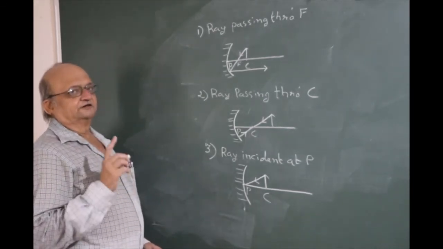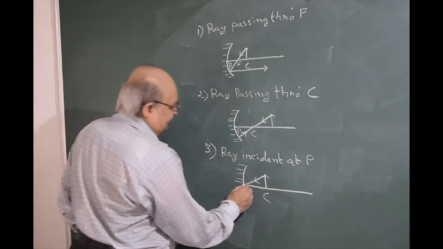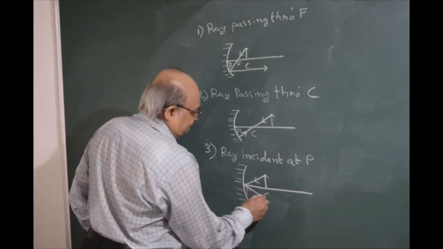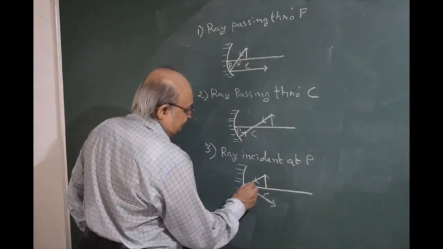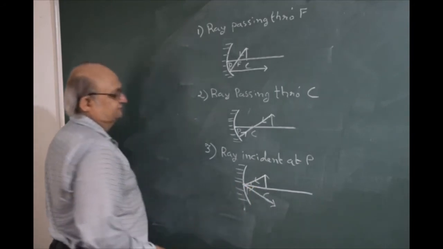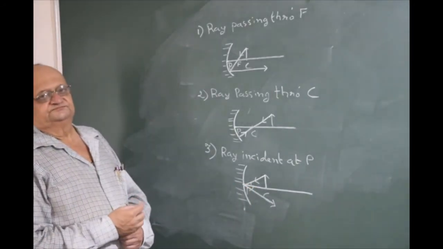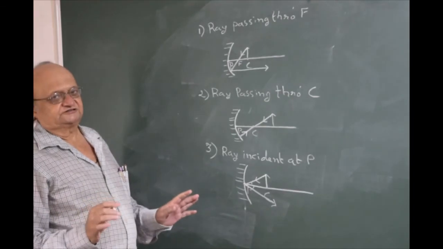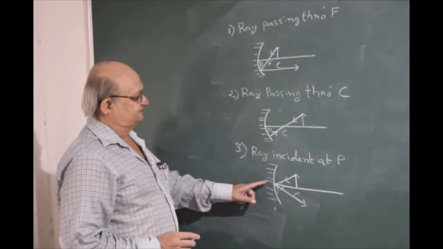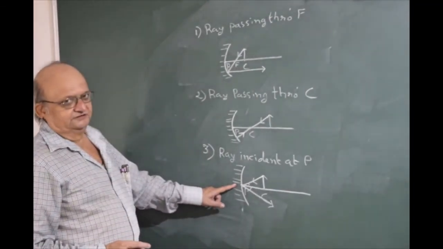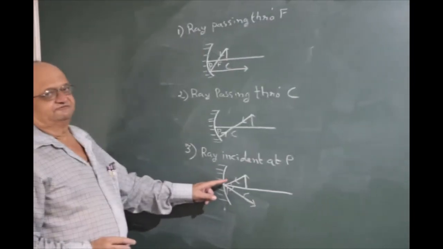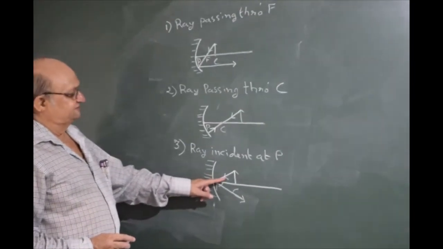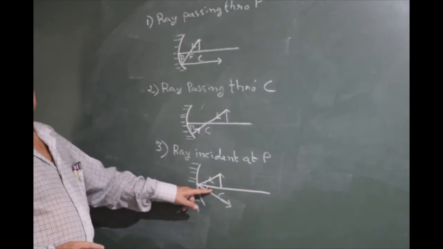It will follow the law of reflection. Angle of incidence will be equal to the angle of reflection. Again, no choice. If the ray is incident on the pole, it will follow the law of reflection, and the angle of incidence will be equal to the angle of reflection.